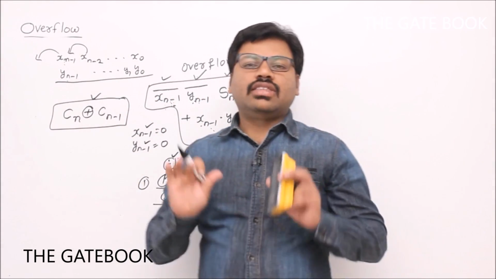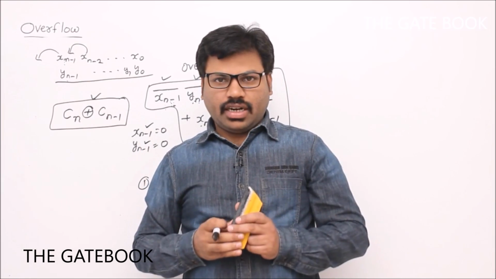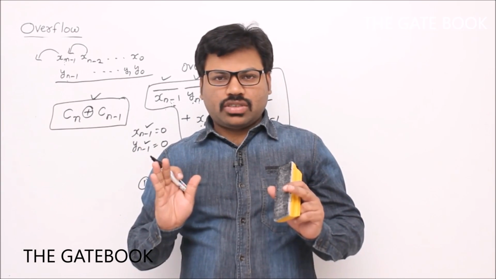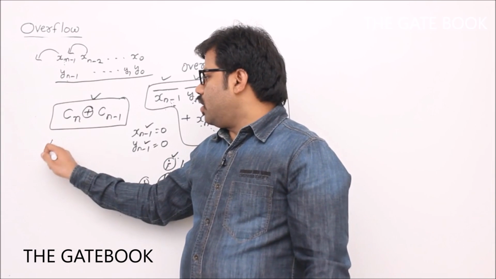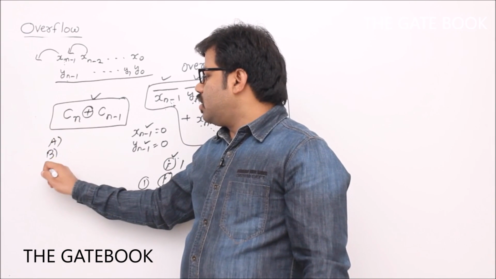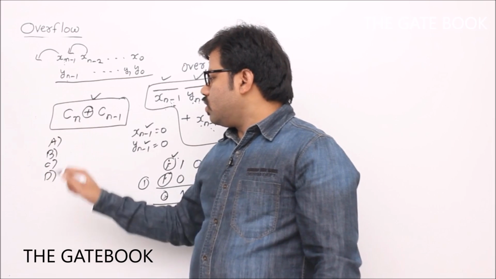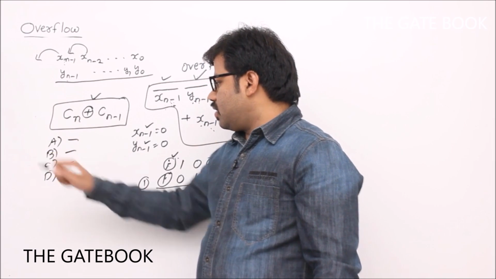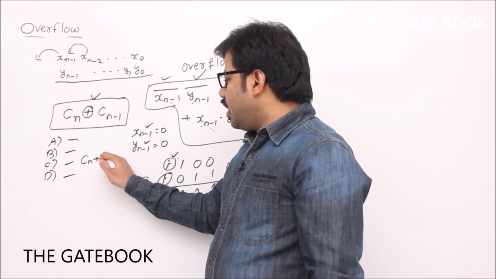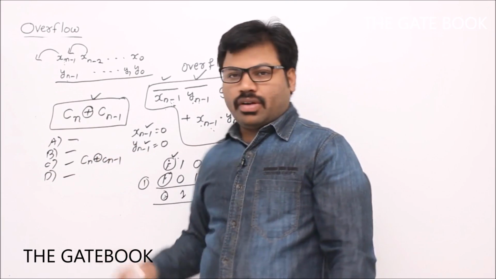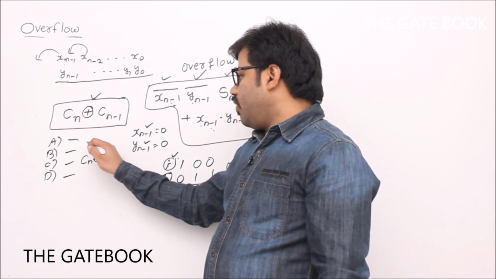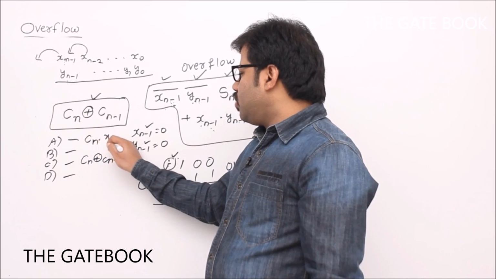For that, the simple thing is the overflow logic. In the options A, B, C, D, there will be only one correct answer. For example, there is Cn XOR Cn minus 1, but you don't remember it, and some other options are given, like Cn, Xn, something, some equations.